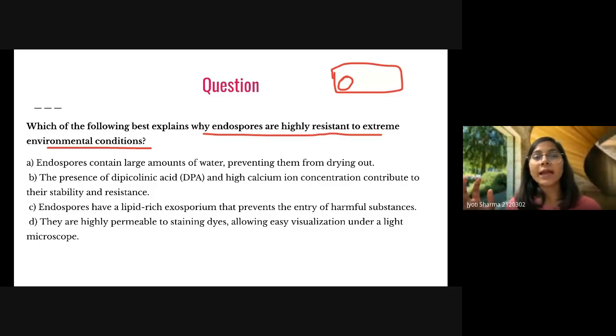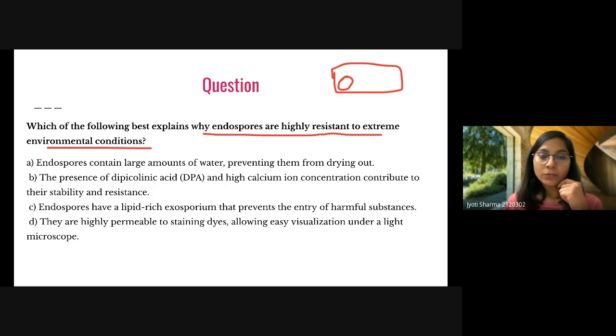Most of the time bacteria have binary fission, but in some cases the bacteria can undergo the formation of spores, and these spores are the endospores, and these are highly resistant to extreme environmental conditions. So whenever the condition is favorable, these endospores will start to reproduce. Okay, until then it will be in an inactive stage, right?